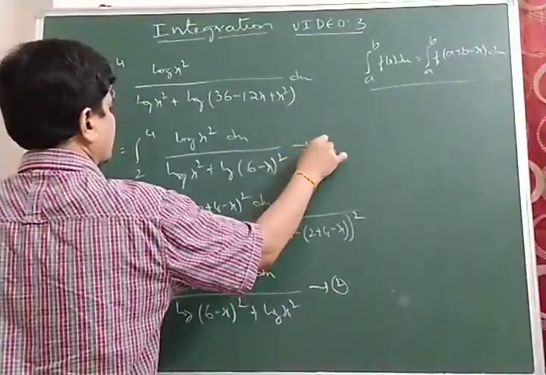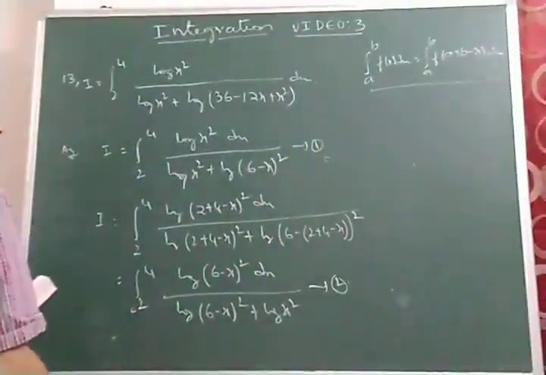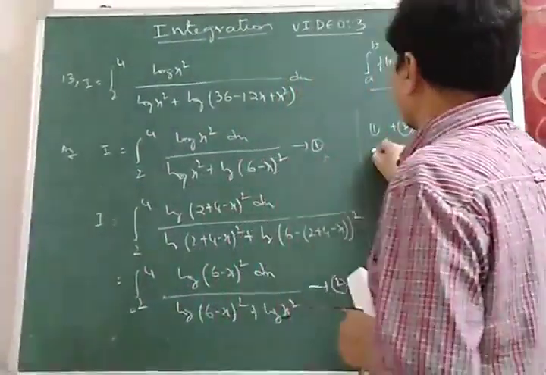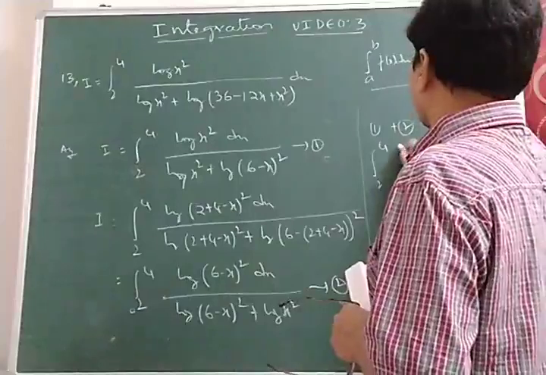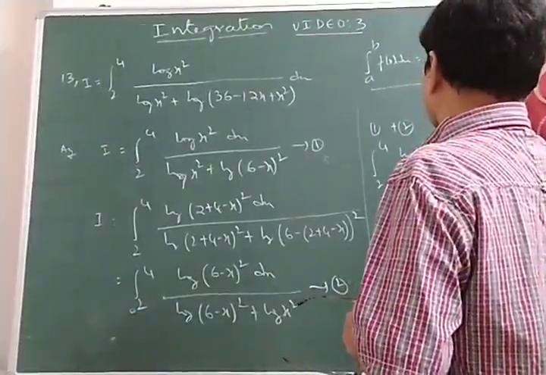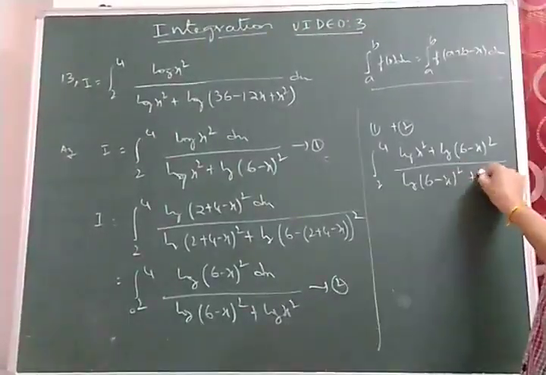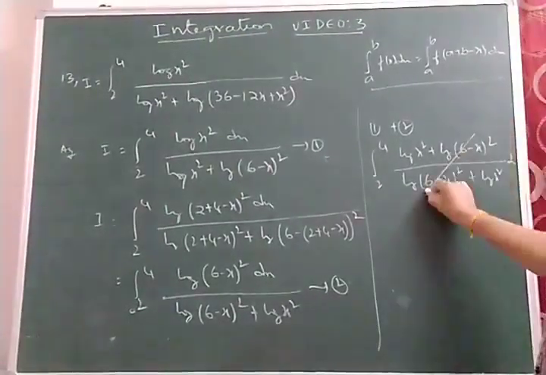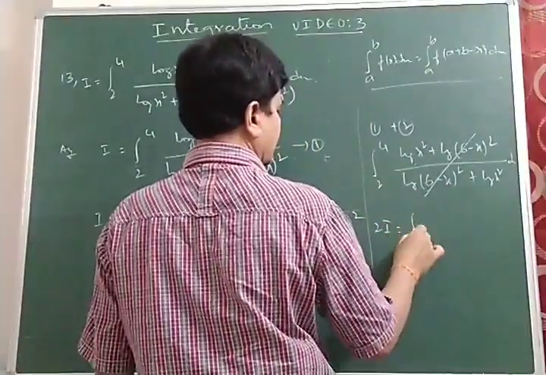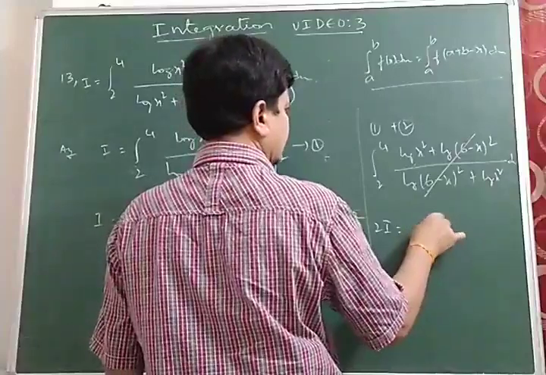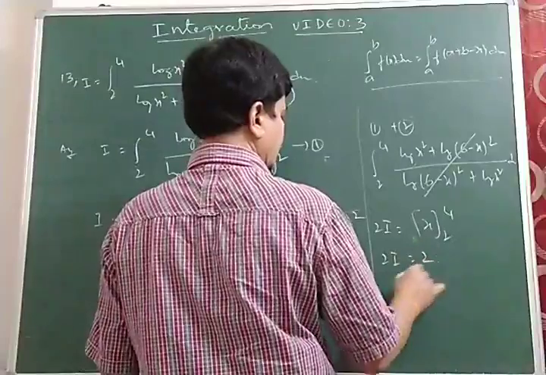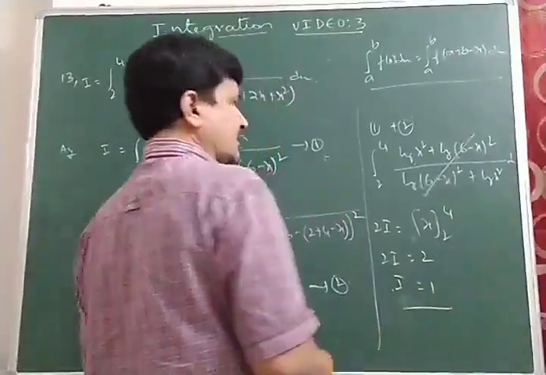Given problem is 1. So adding 1 plus 2, integral 2 to 4 of log x square plus log (6 minus x) whole square by log (6 minus x) whole square plus log x square dx. Cancel. Now this is 2I is equal to x from 2 to 4. 2I is equal to 2. I is equal to 1. That is the answer.